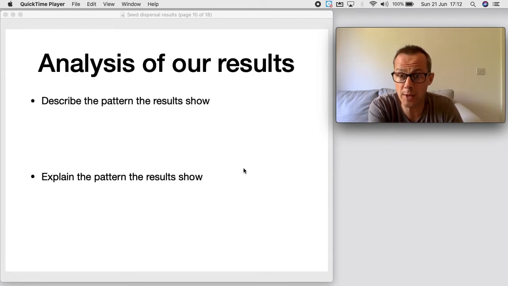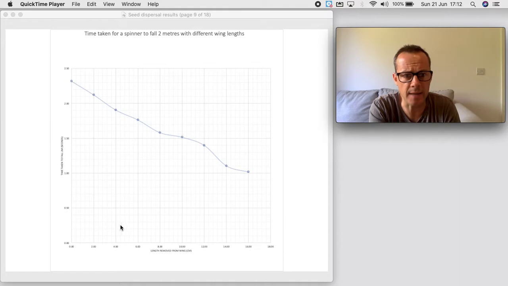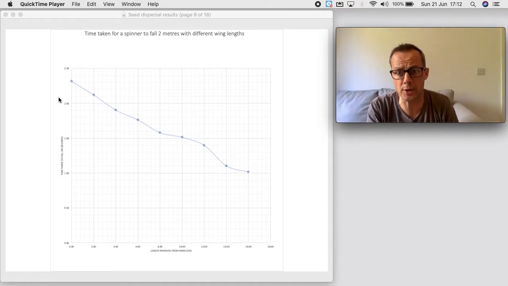Now, whenever you do a question like this, we use the labels from the axes on the graph to help us. So what we can say is, as the length of the wing decreased, so as the length of the wing got smaller, the time taken for the spinner to fall, you could say, will get longer or get shorter. You've got to look at those results and decide what you think actually has happened.